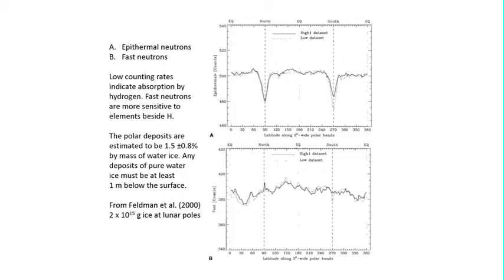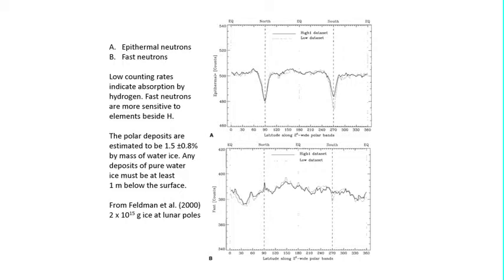And in fact, their best estimate, sort of combining these two data sets, is that these polar deposits clearly have some ice in them, they have some hydrogen in them, and the hydrogen means at least hydrated minerals or probably ice, but that ice cannot be pure, at least in the top meter of the surface. It can only be of order 1 or 2% relative to everything else, which is soil.